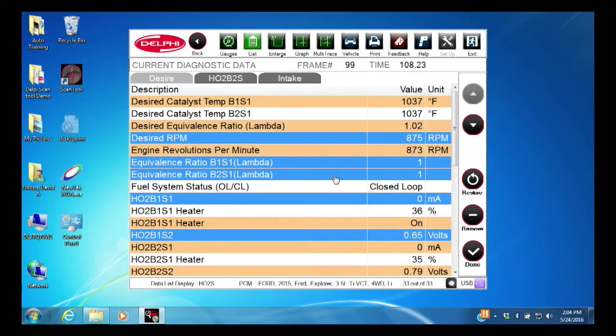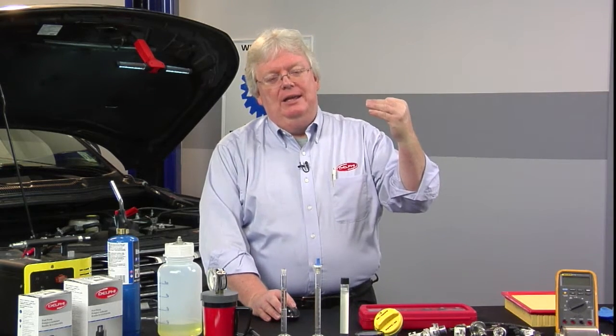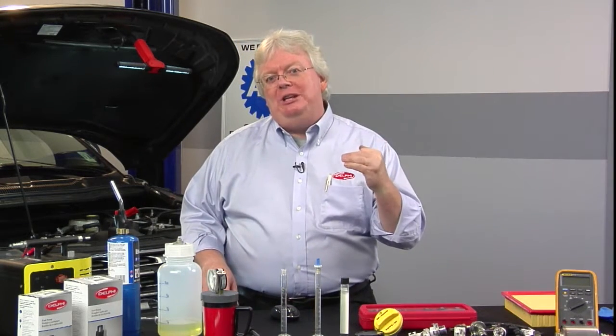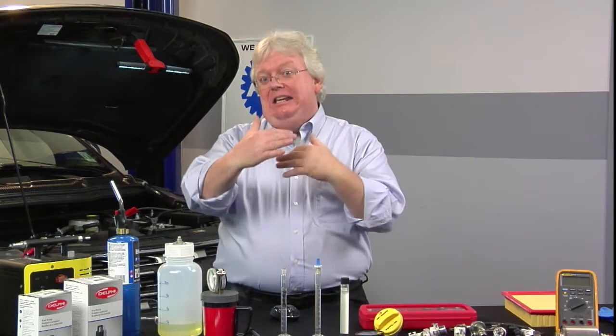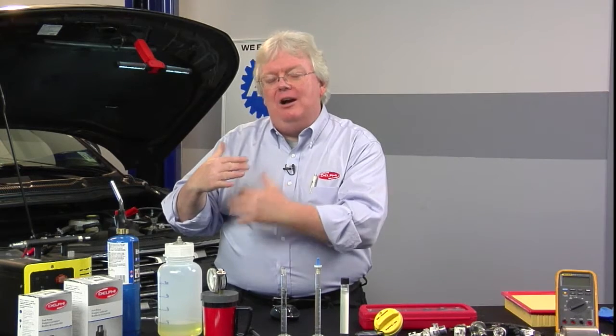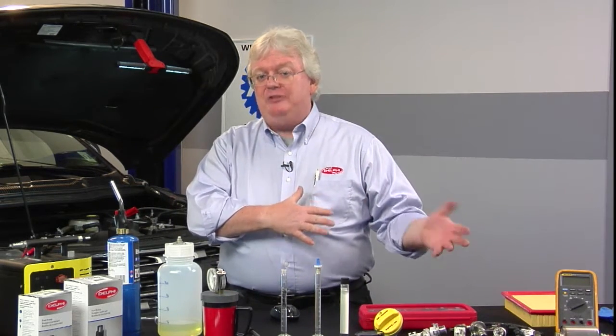Lambda 1 will be 14.7 to 1 air-fuel ratio. When we go higher than lambda 1, think of it like air-fuel ratio. A ratio that's higher than 14.7, let's say 16 to 1, that's leaner, 16 parts or pounds of air to 1 pound of fuel. If we go richer, you can smell the exhaust, you know it's really running rich, you've got black spark plugs.